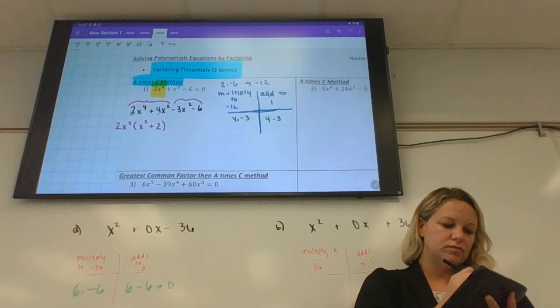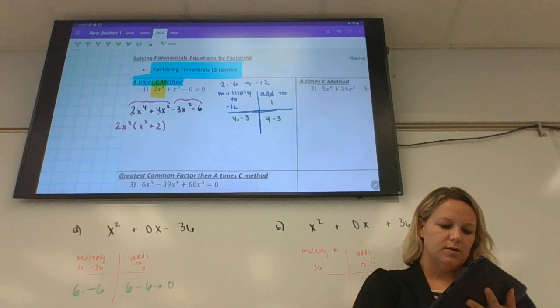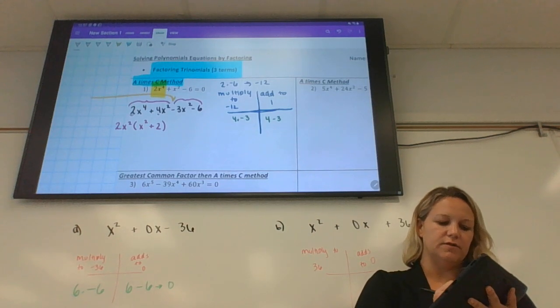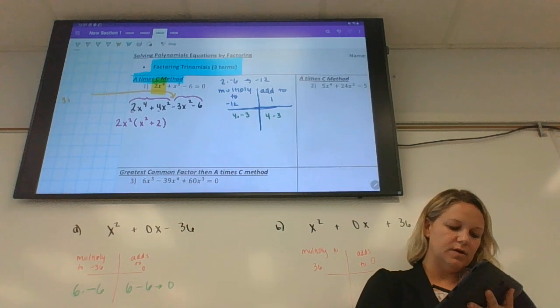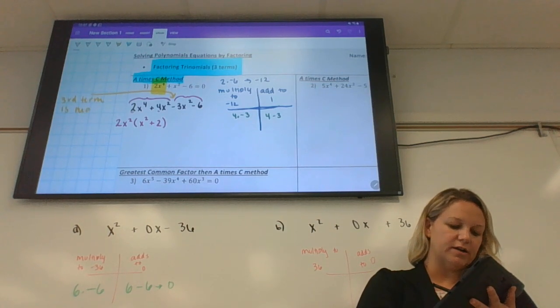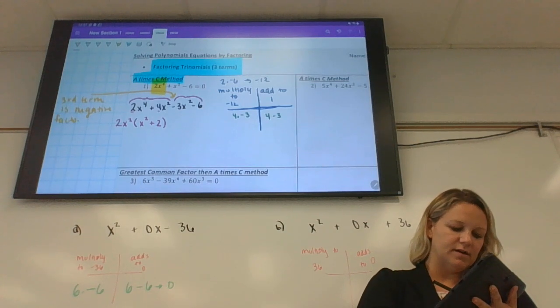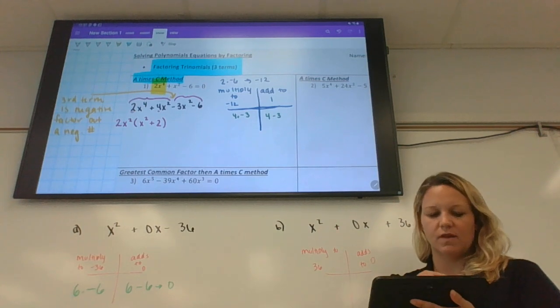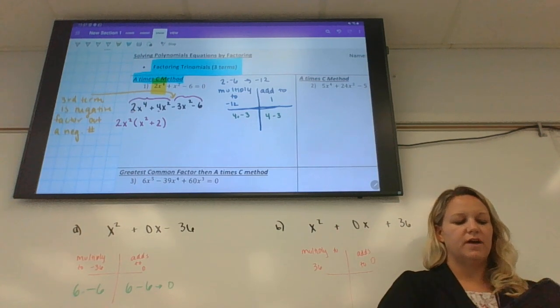So maybe you want to make yourself a note. If the third term is negative, factor out a negative. So these both have 3.